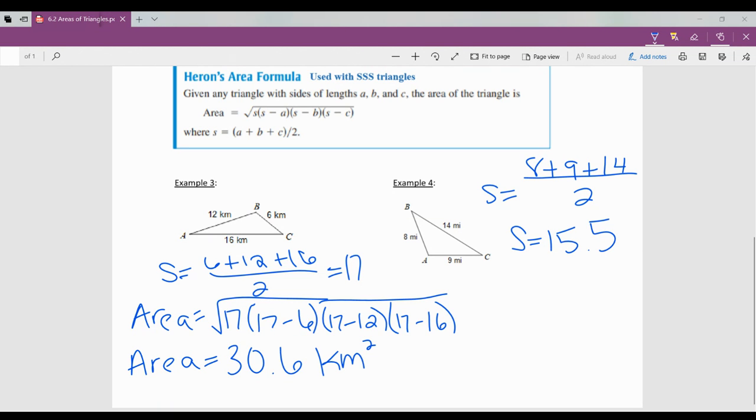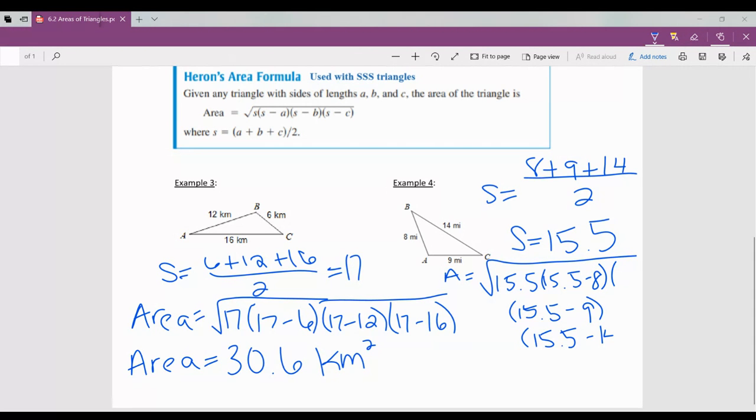Now my area is going to equal, I'm just going to give myself a little bit of space here, the square root of 15.5 times 15.5 minus the first one, times, I ran out of room, I think, there. So times 15.5 minus the second one, 9, times 15.5 minus the third one, 14.